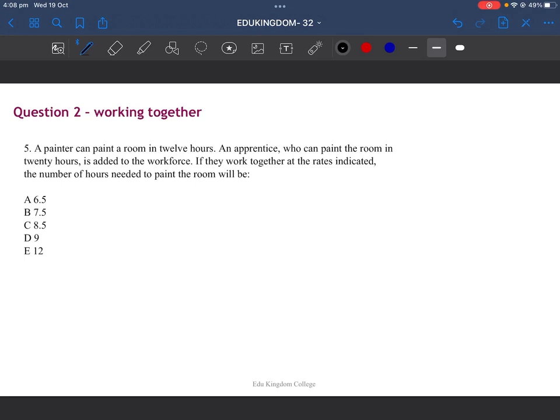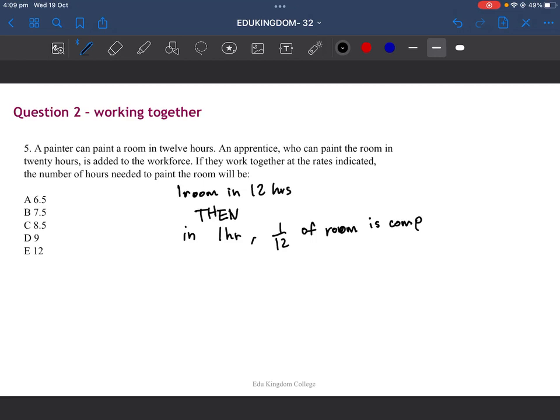Then in 1 hour, if it's one room in 12 hours, then in 1 hour, which is 12 times less, only 1/12 of the room is completed.